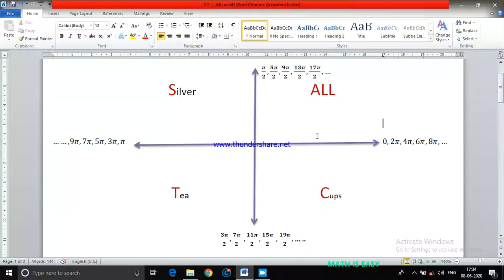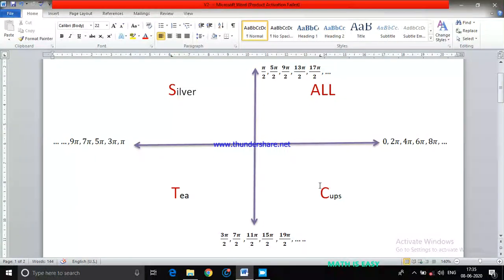For example, if I take sine and cos, it is positive in the first quadrant as well as the second quadrant. In the third and fourth quadrant, sine and cos will be negative. If I take tan and cot, first quadrant and third quadrant, they are positive, this diagonal, and this diagonal they will be negative. Tan and cot values will be negative in the second and fourth quadrant.